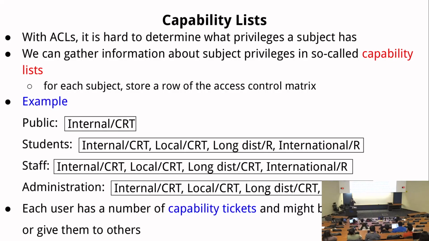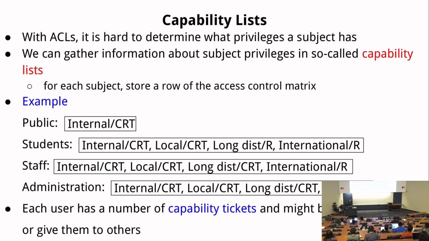So the problem is because the information is stored with all the objects. So if you want to know for a subject what permissions he or she has, you have to go through all the objects in a file system, right? So it's not very good if you want to know what privilege a subject has.